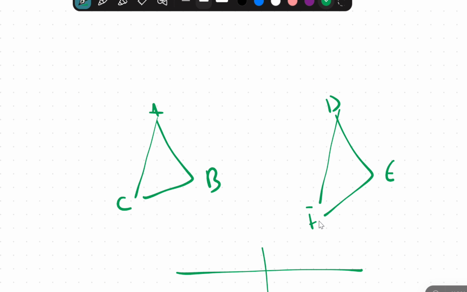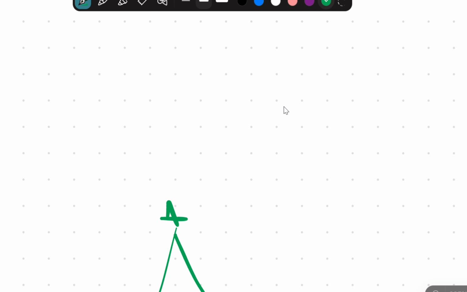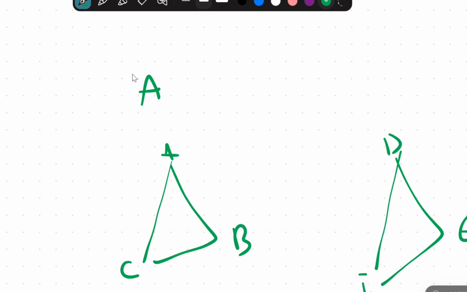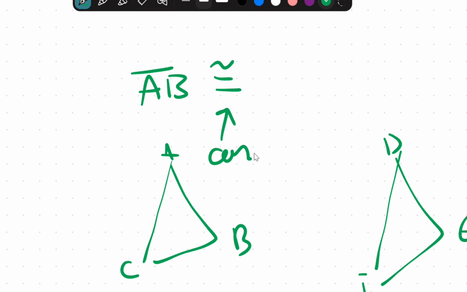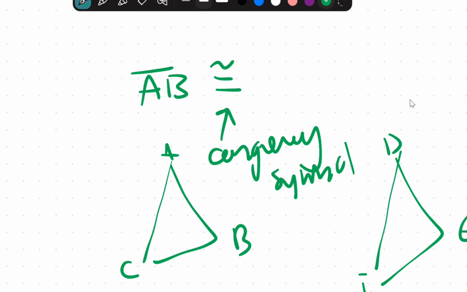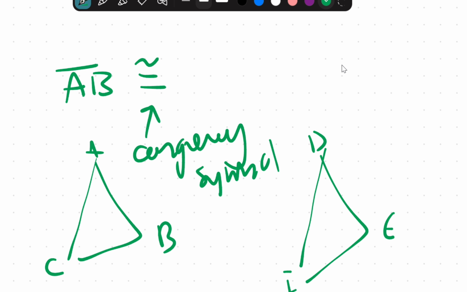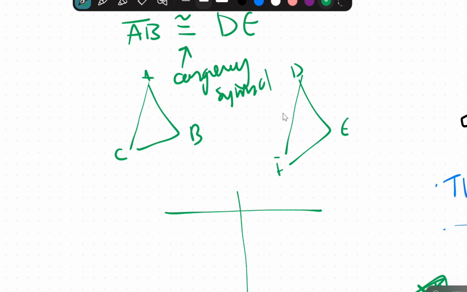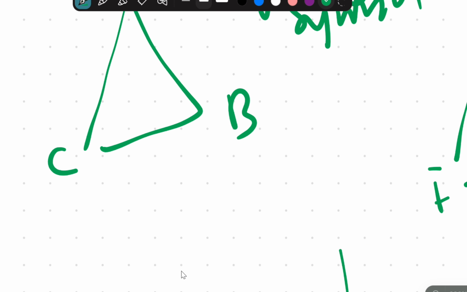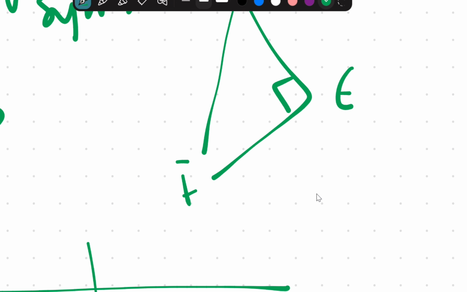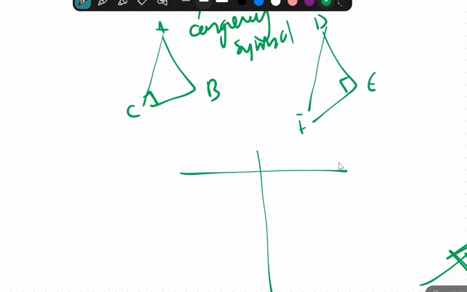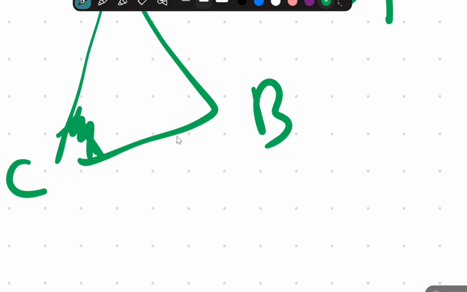The problem is going to say prove these 2 triangles are congruent, and it says given that segment AB is congruent, also, this is the congruency symbol, just so you guys know, segment AB is congruent to segment DE. Okay, that's all we have right now. This obviously isn't a right angle, but let's pretend that's a right angle for now, just so it makes a little bit more sense. Okay, you know what? Let's just ignore that part, guys.